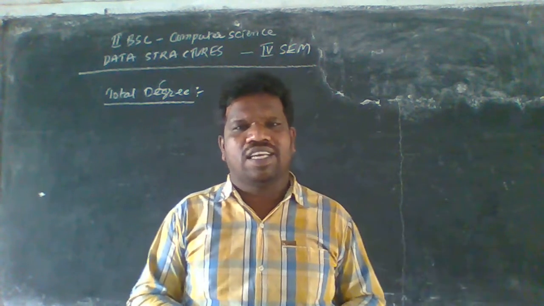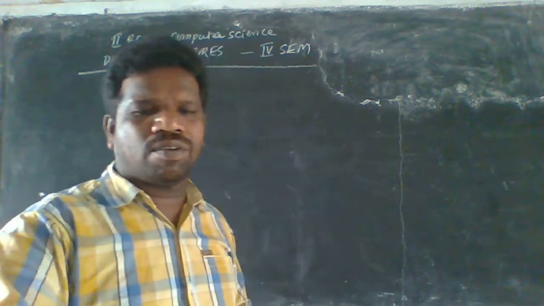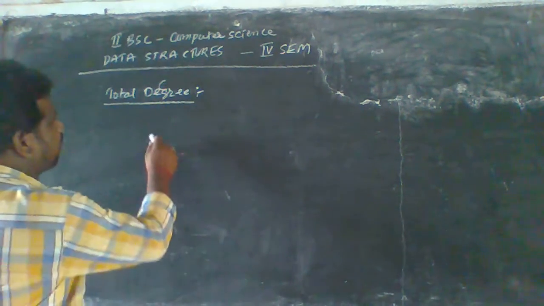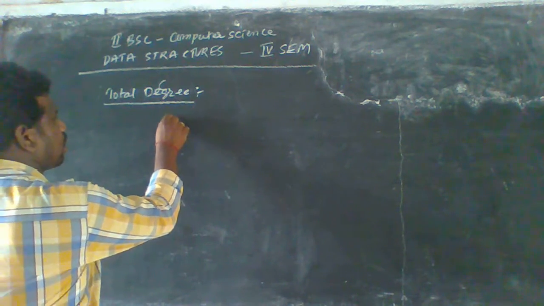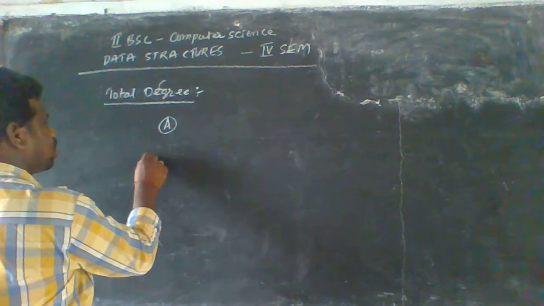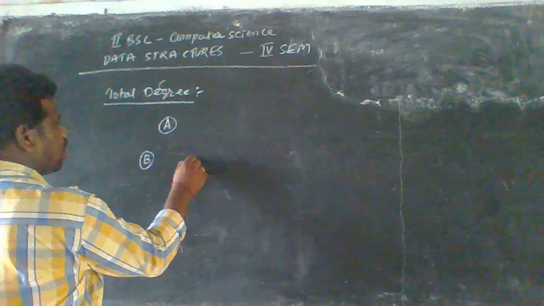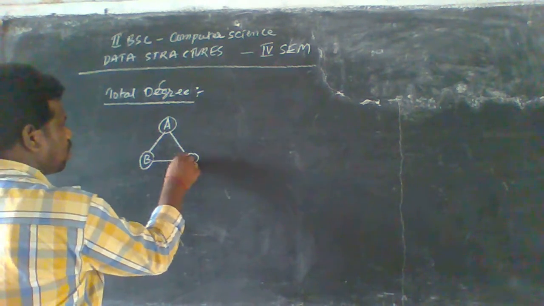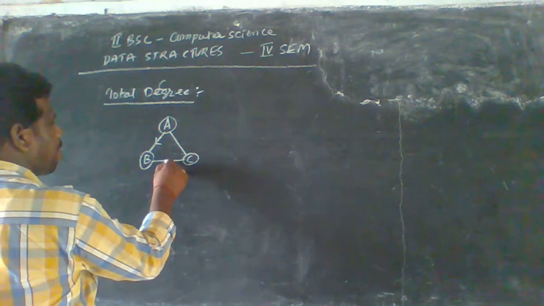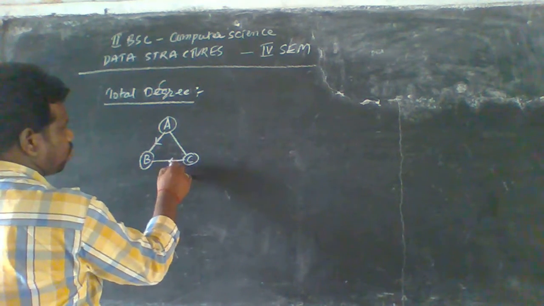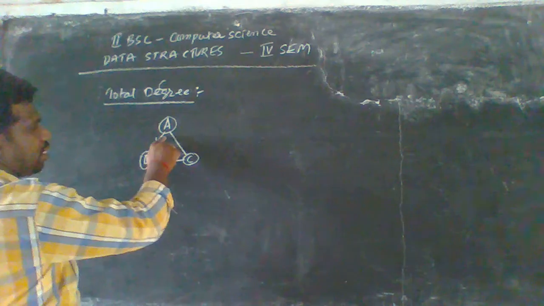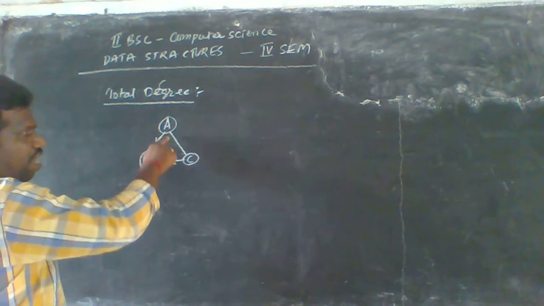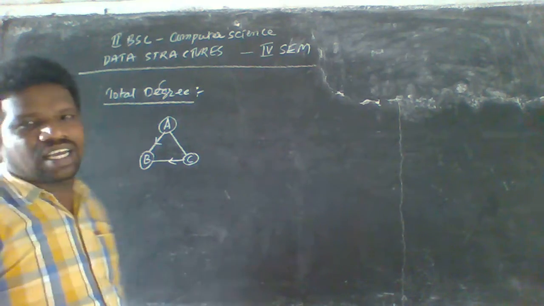Let us see; the same diagram will be taken. Let us draw the diagrams with respect to A, B, and C. So A to B and B to C are called directed edges, but A to C is called an undirected edge.